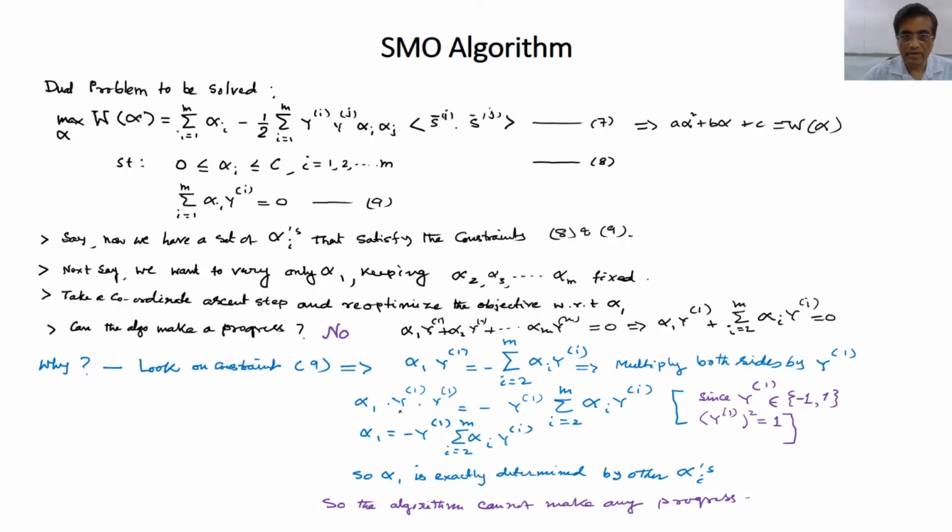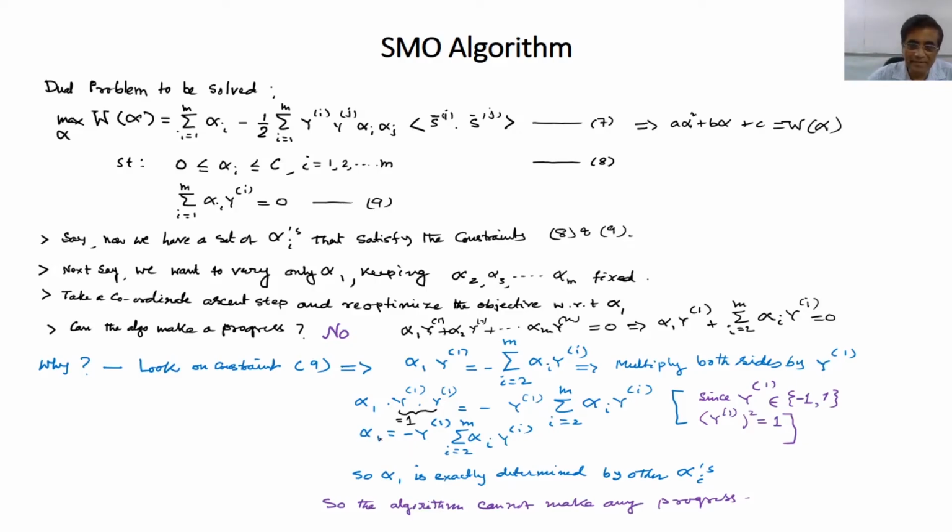So there is no iterative way that alpha 1 can change its value.